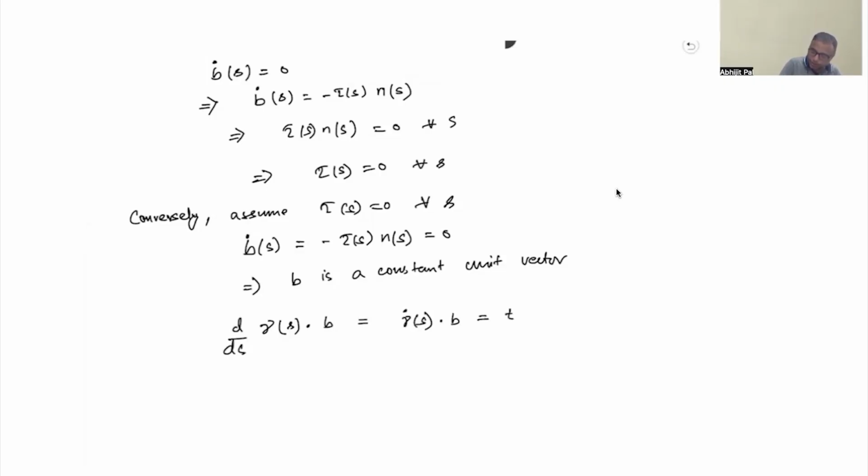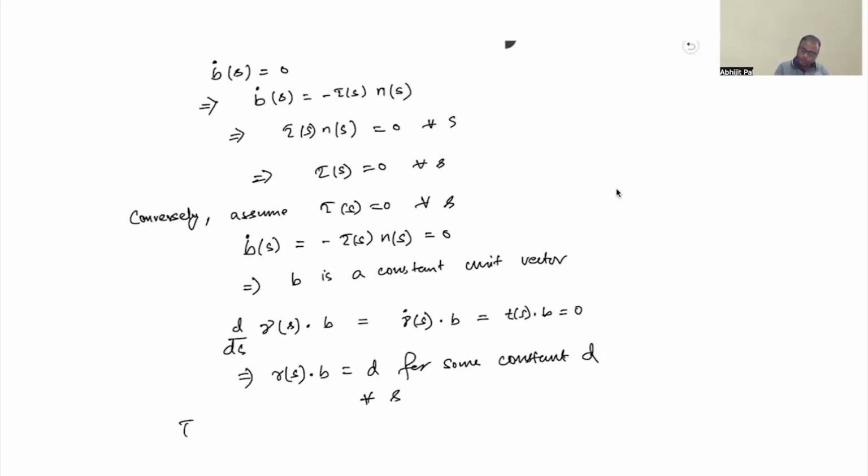And this is my tangent vector dot product with B. The tangent vector is orthogonal to B, so this is equal to 0. So gamma(s) dot B is equal to d for some constant d, and this is true for all s.